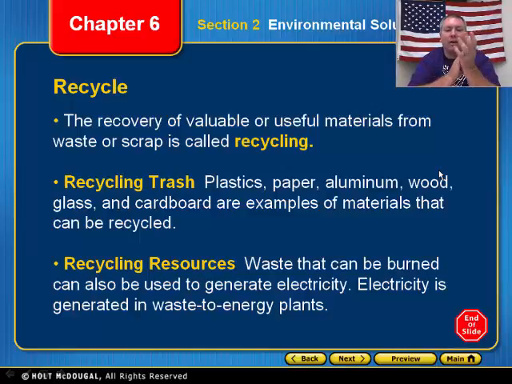They recycle trash that way. Also recycling natural resources. So you can see here it talks about waste being burned. There are some power plants that take garbage and burn it to create electricity. So instead of using coal or wood or anything else, they're using that garbage to actually create electricity as well. So that is another way that we can recycle.